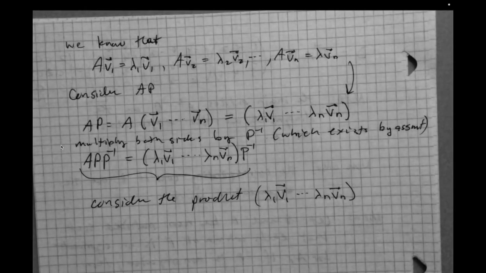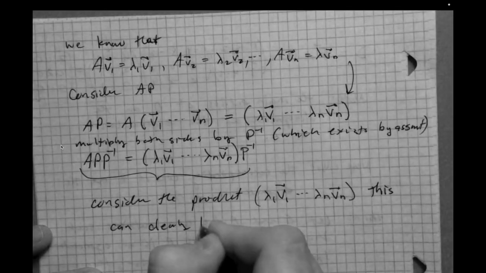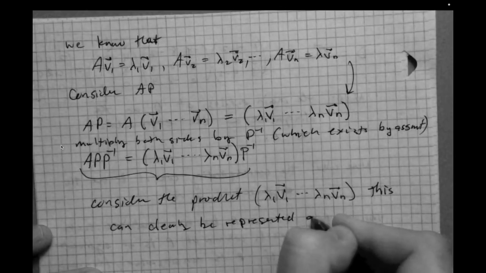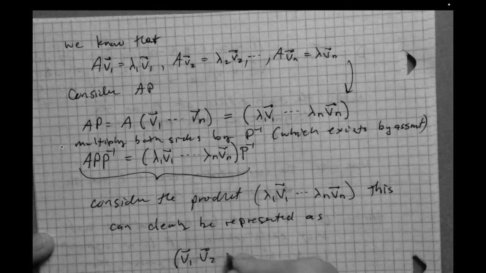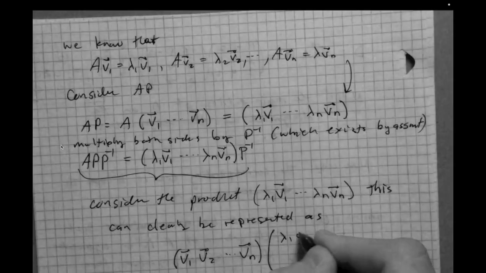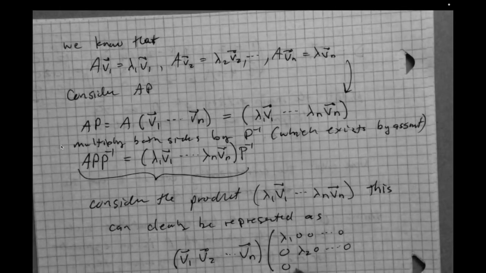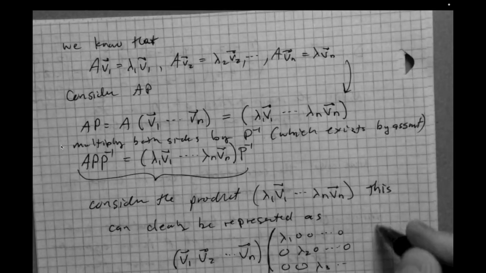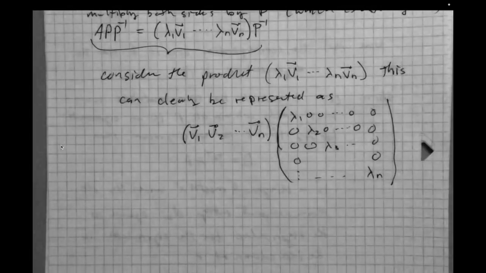So clearly, it is possible to represent this as V1, V2, ..., Vn as columns, times some other matrix: lambda 1, 0, 0, ..., 0, lambda 2, 0, ..., and so all the way down to lambda n. Everything off the diagonal is 0.